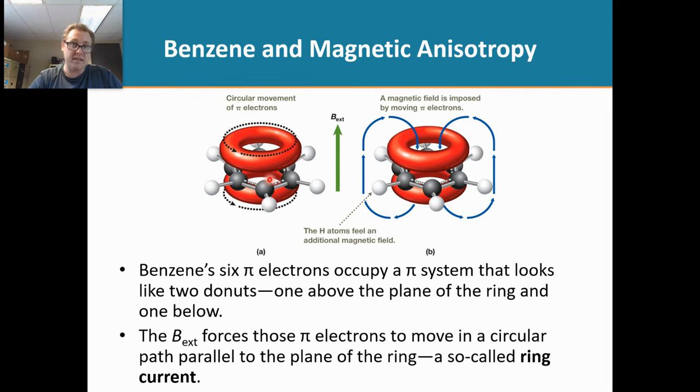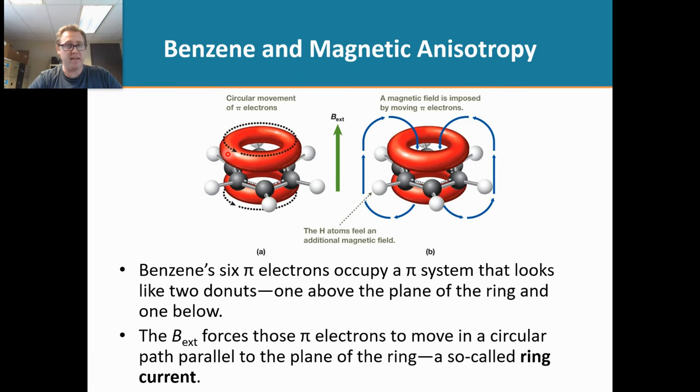Benzene has a lot of pi electrons, and those pi electrons occupy these donuts above and below the benzene molecule. This is called a conjugated pi system, which we will learn about in future chapters.